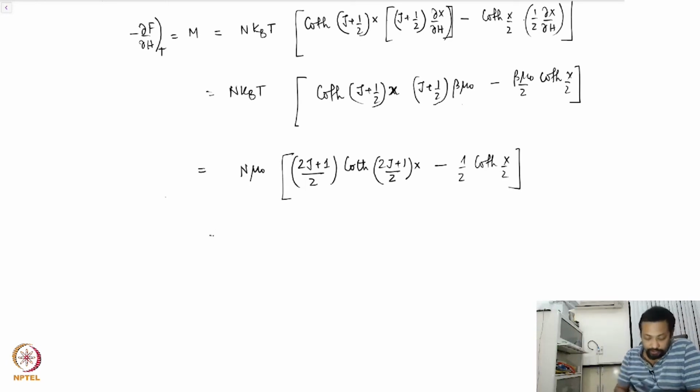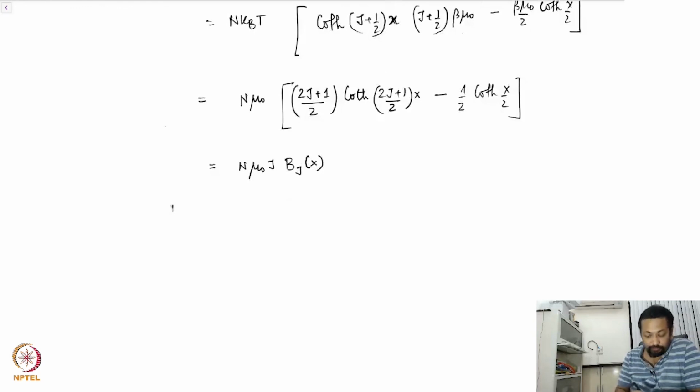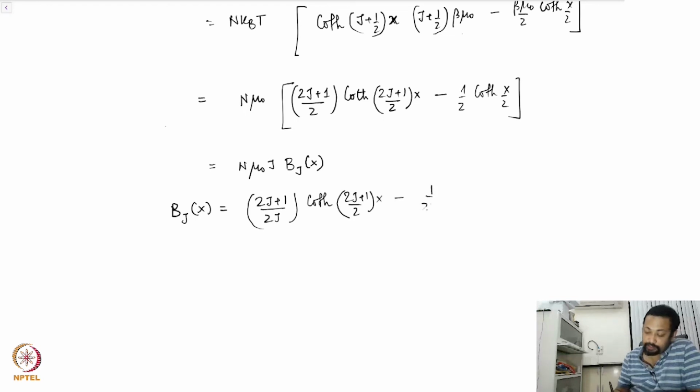So this we define as n times mu naught times j times Bj of x, where Bj of x is (2j plus 1) by 2j coth of (2j plus 1) by 2 times x, minus 1 over 2j coth of x by 2.